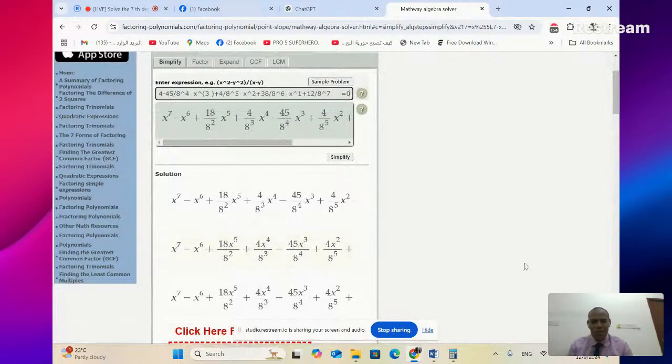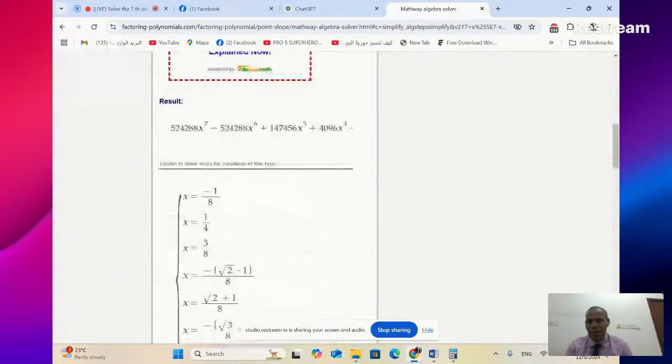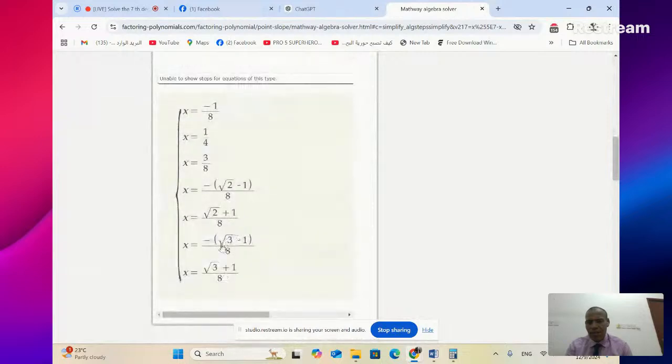Which kind of solution? Look for, find the exact roots. Okay, now it made x equal negative 1 over 8, 1 over 4, 3 over 8, negative root of 2 minus 1 over 8, root of 2 plus 1 over 8, negative root of 3 minus 1. Okay, this is fine.